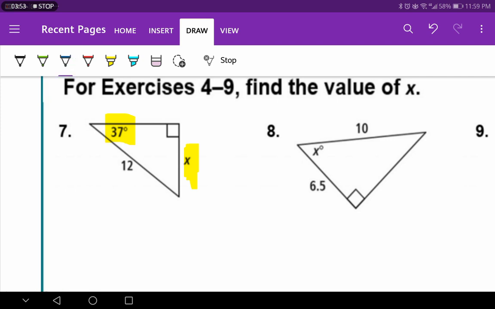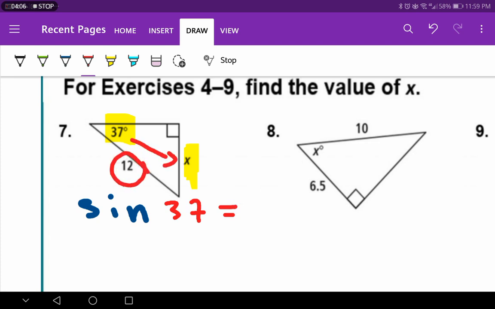So I will call the sine, for example sine of 37, and you know it is opposite over hypotenuse, so it is x over 12.